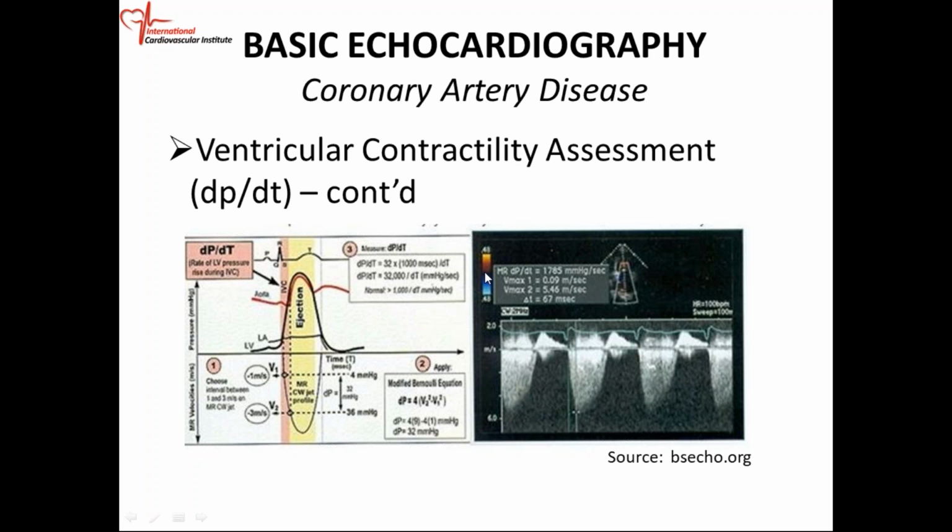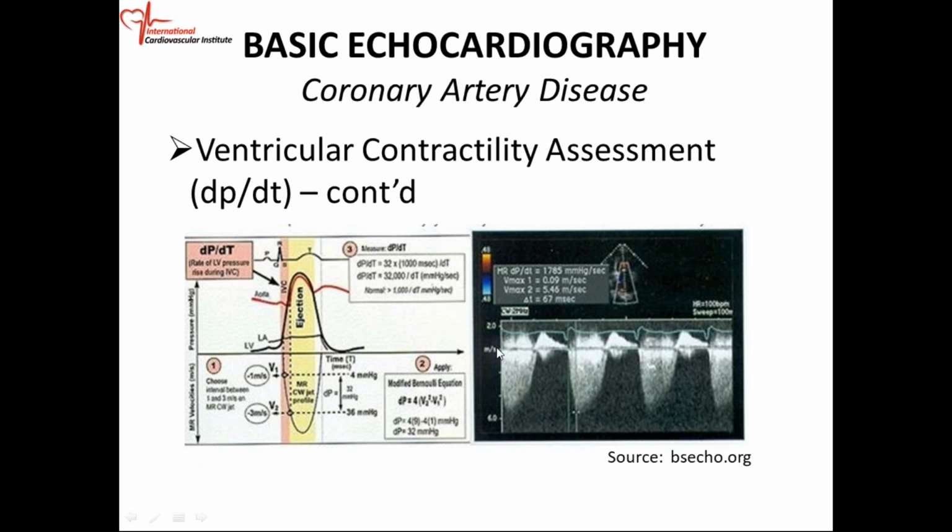Let's use the Doppler. So again, your apical four-chamber view, you use color Doppler. Your sweep speed should be adjusted, and you get your mitral regurgitation. Mitral regurgitation is systolic flow, so you get it. You adjust your scale to about 4 meters per second.